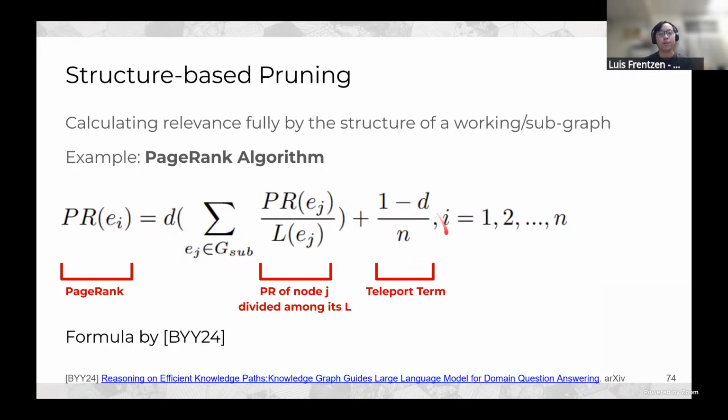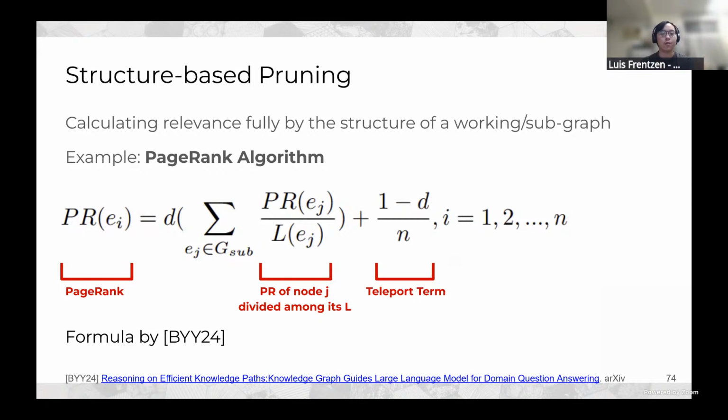And they introduced this teleportation term so that you could decrease the chance that your walker is running in circles in a set of nodes that is highly connected with each other.